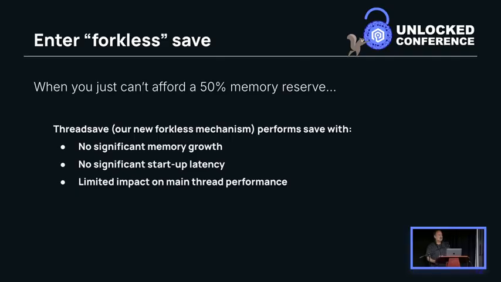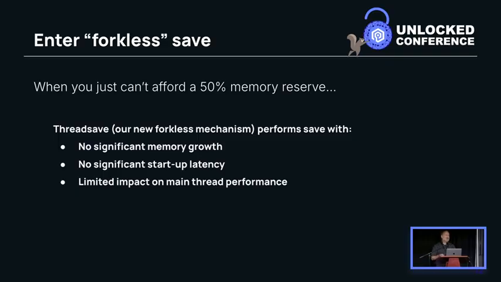Okay, so forkless save. When you just can't afford 50% of your memory sitting around being unused, just waiting for a save, we need a mechanism to do this without using fork. And so ThreadSafe is the name of our forkless mechanism that we introduced at Amazon. We've been using it at Amazon since Redis 6, when we introduced it internally.